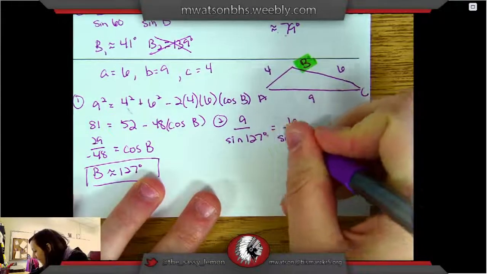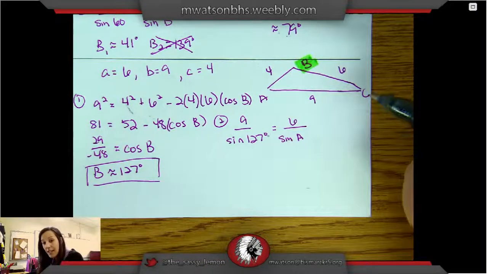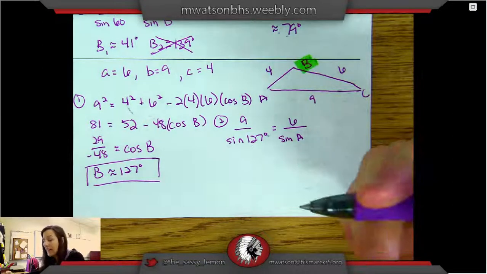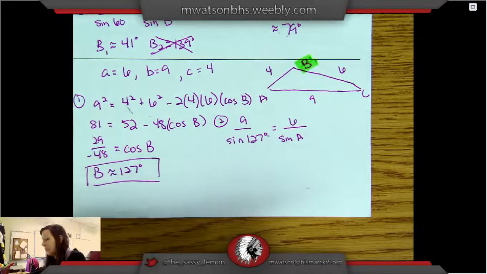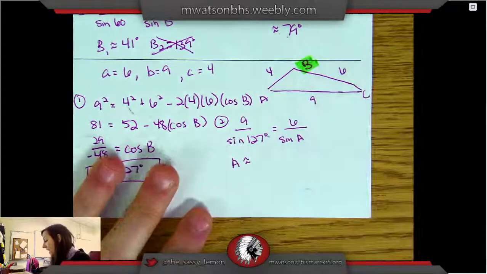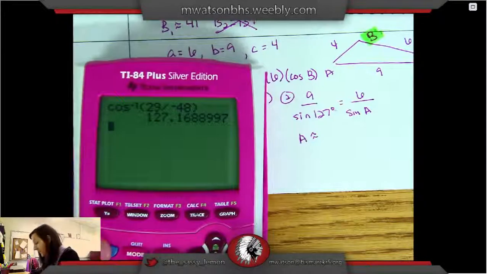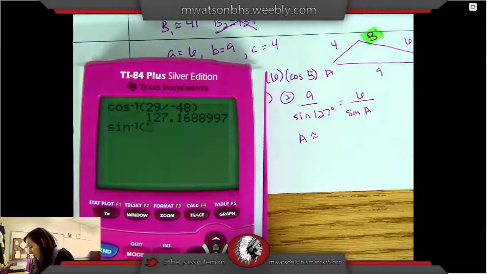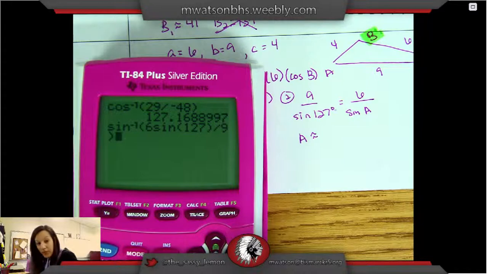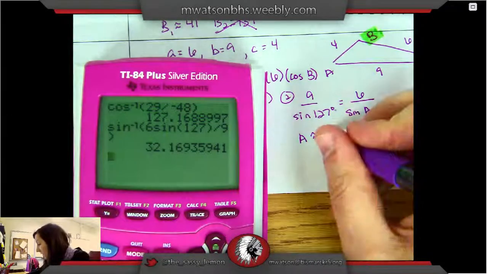Okay, so sine A. I'm going to cross multiply and divide, and I have to do the inverse sine. You can write out all those notes, but I'm just going to write A is approximately inverse sine of 6 times sine of 127, divided by 9. And I get 32 degrees, approximately.